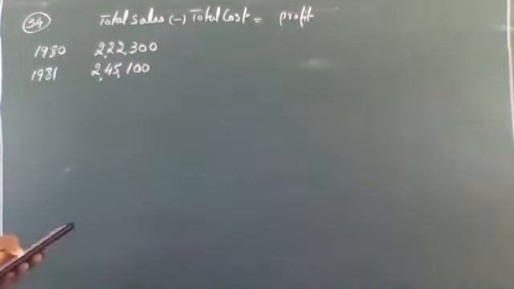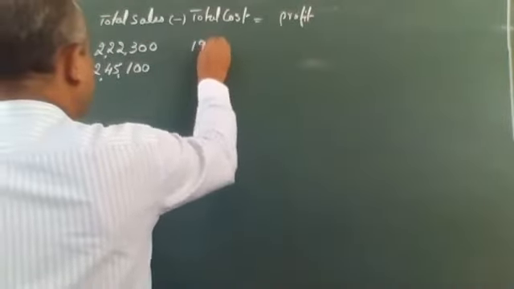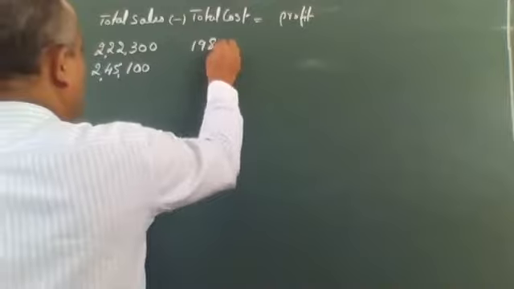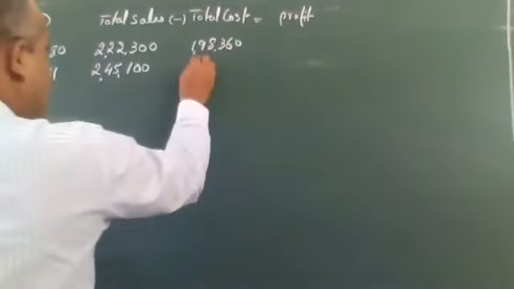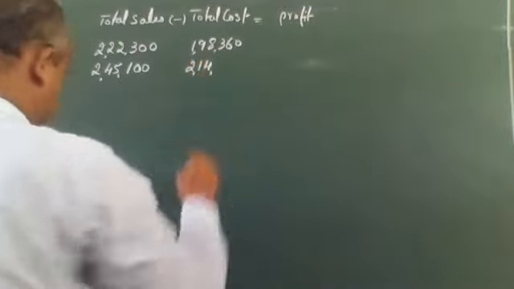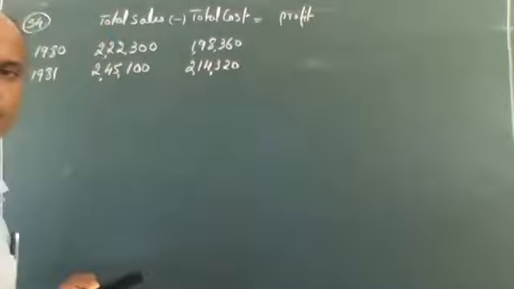These are the two sales, and he gives you total cost 1,98,360 and 2,14,320. Can someone help me with the calculation?